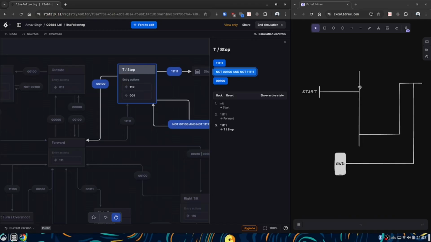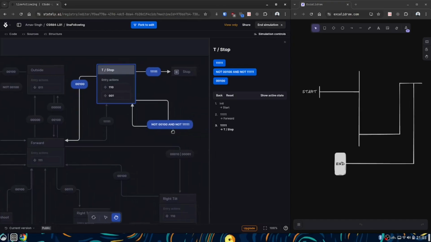In the T case, we'll turn right slightly. That is indicated by the action 1, 1, 0, which is the same as saying we'll run the left motor at full power forwards, followed by the right motor backwards at full power. That will turn the robot rightwards, and as long as it's not a straight line path as well as not all ones, we'll keep turning.